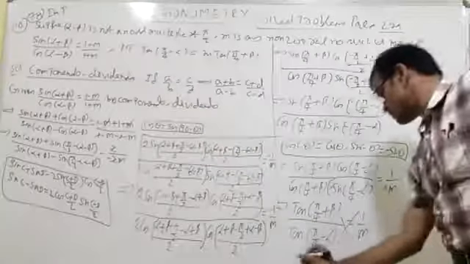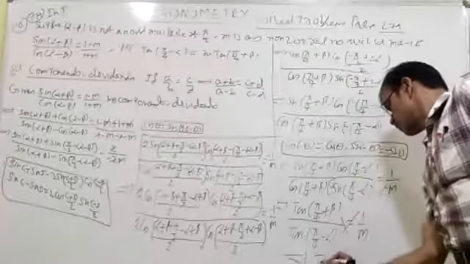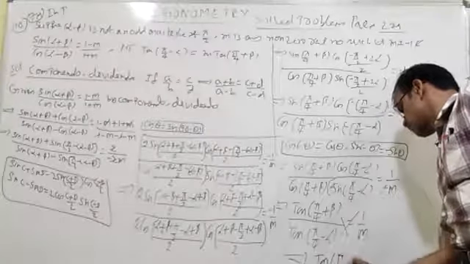Tan of pi by 4 minus alpha. That implies, now you can write the value by taking cross multiplication.